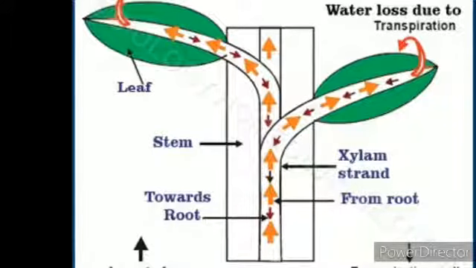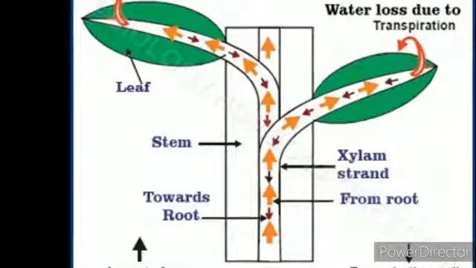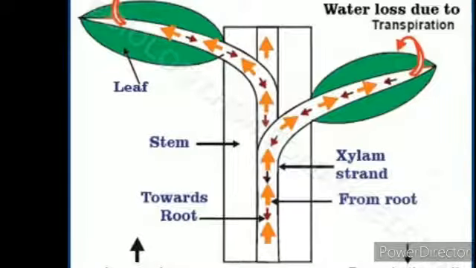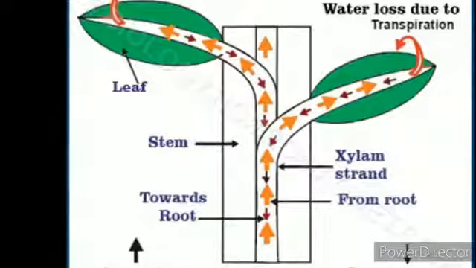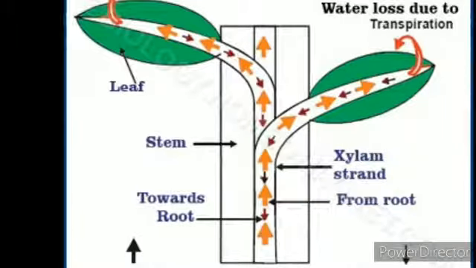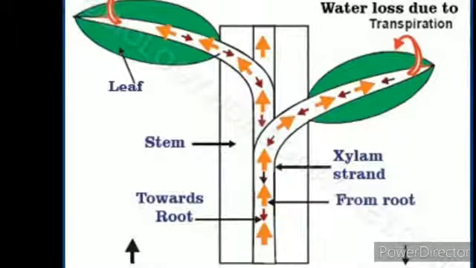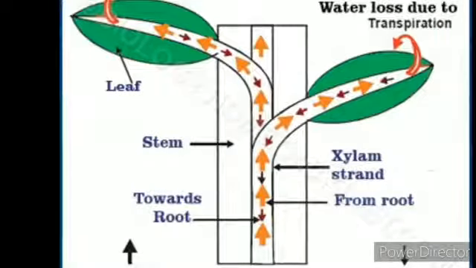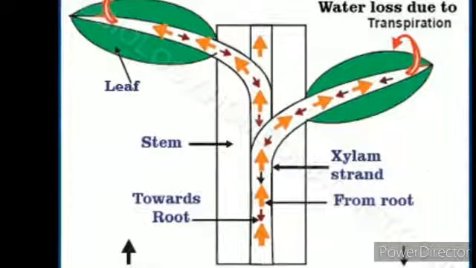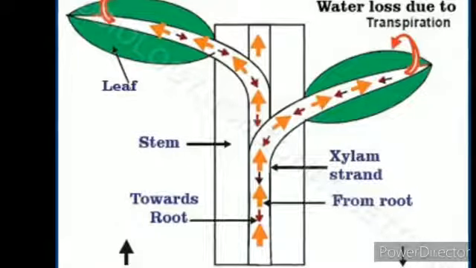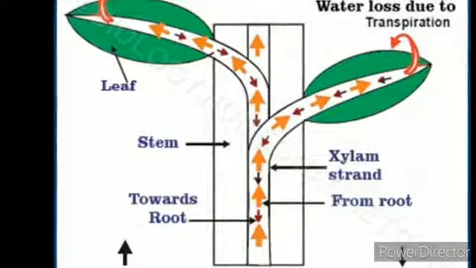Now coming to the ascent of sap, how this occurs in tall trees. The ascent of sap in tall plants and trees is explained by the cohesion-tension transpiration pull model. This model explains the ascent of sap in tall trees, and it was proposed by Dixon, D-I-X-O-N.